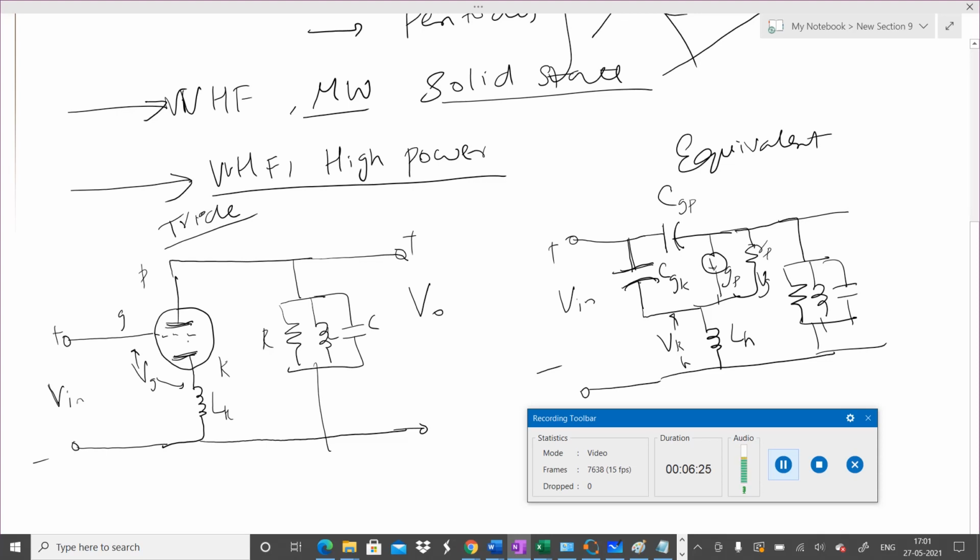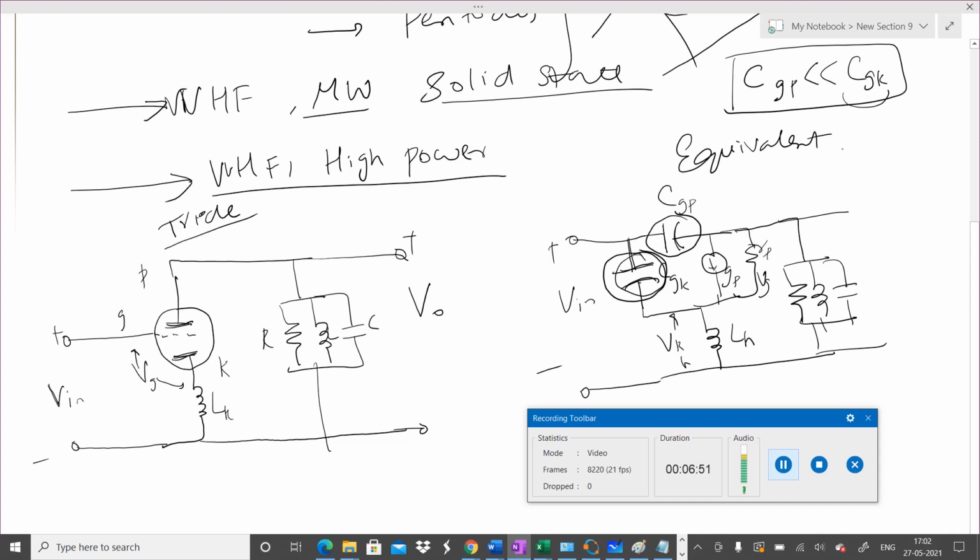Given the fact that, which I will write here, we will not go into the deep discussions of vacuum tubes, from the vacuum tube analysis, the capacitance CGP, that is this capacitance, is much less than CGK.